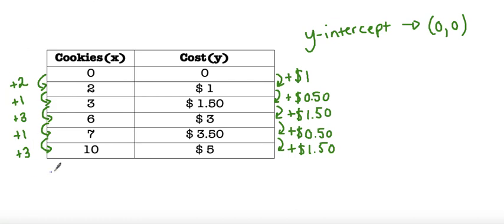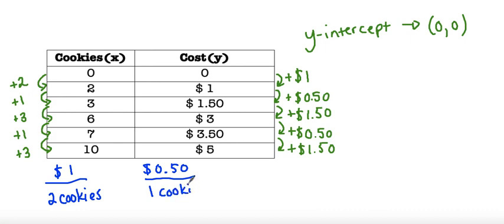For $1, we get 2 cookies. So it costs $1 for 2 cookies. It costs 50 cents for 1 cookie. And then it costs $1.50 for 3 cookies.